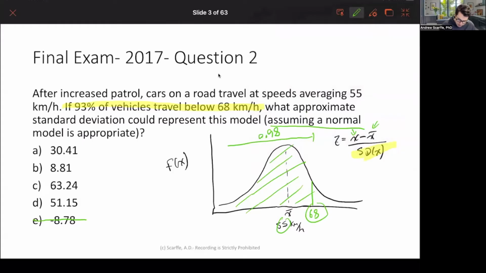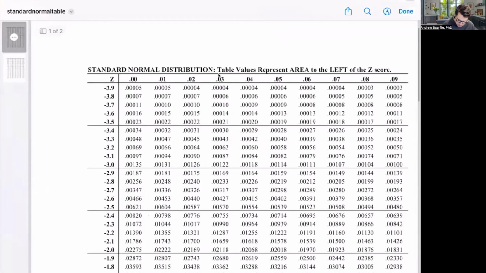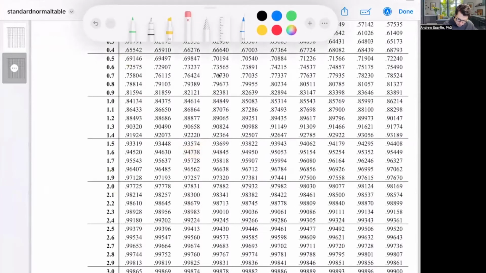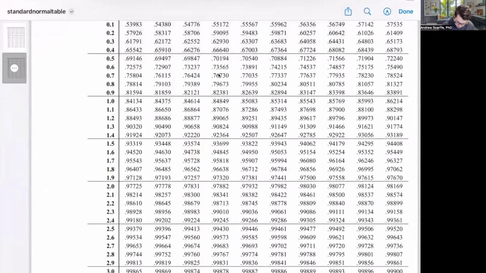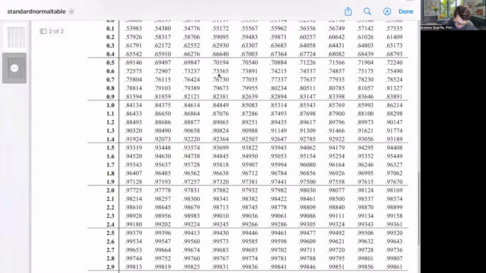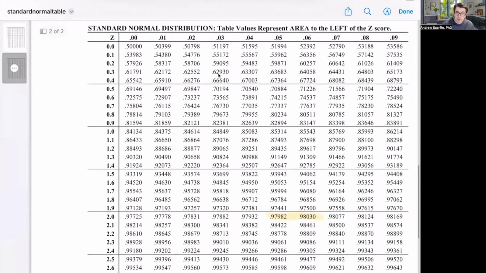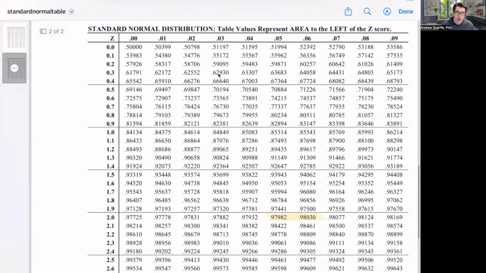Knowing that 98% of our observations fall to the left of 68 kilometers an hour, we'll go to our standard normal table and look up 0.98, which is right here, somewhere between 2.05 and 2.06.